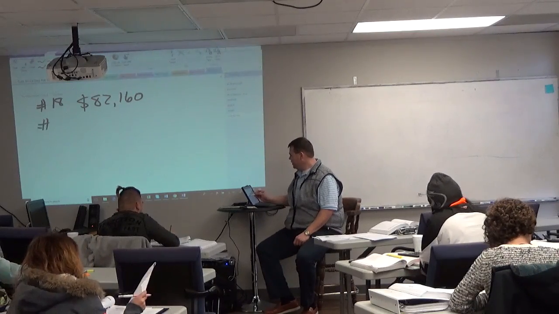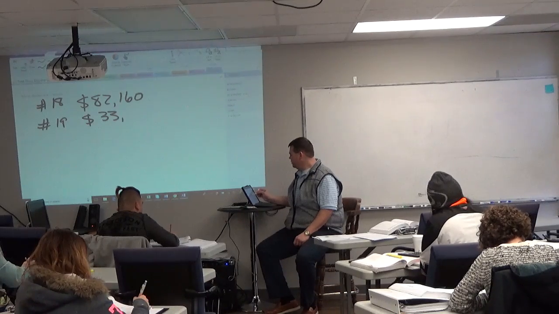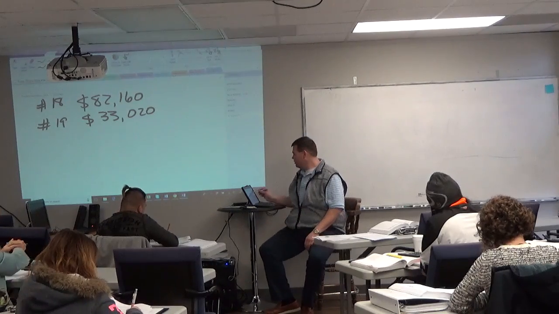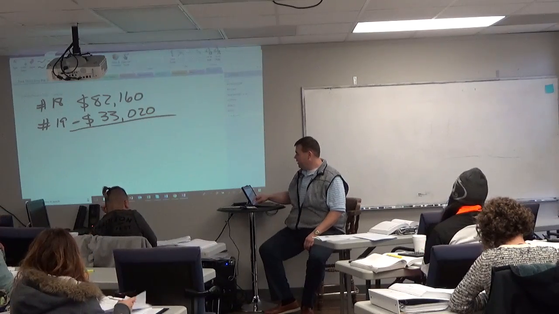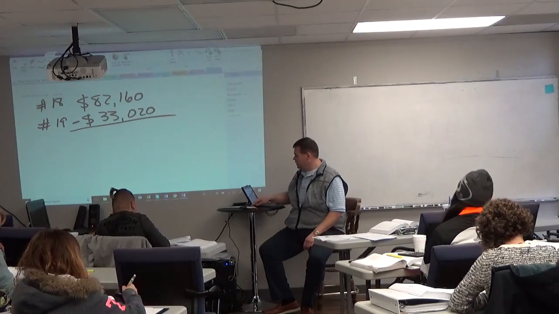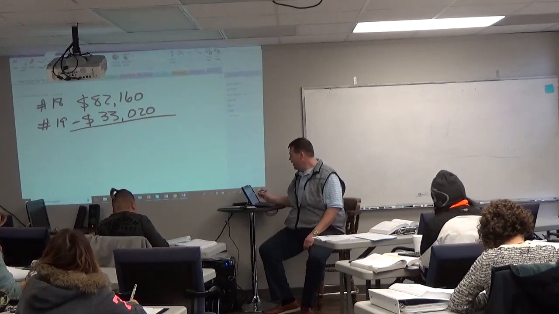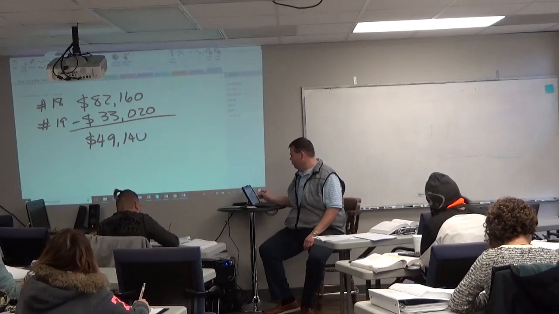What was number 19? 33,020. And it wants to know the difference between those two. So what could I do? Subtract them out. So if I take 82,160 and subtract 33,020, I end up with a difference of $49,140.